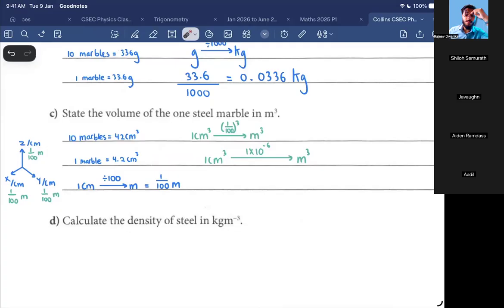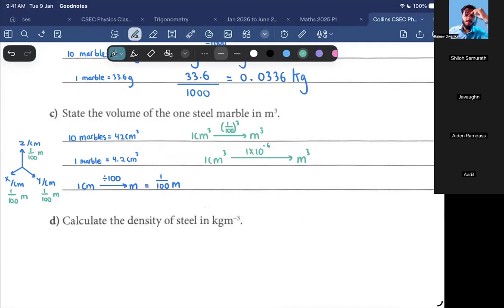So if one marble is 4.2 centimeter cube, I will multiply that by, tell me Javon, if one marble is 4.2 centimeters cube, what would that be in meters cube? So you multiply by 10 to the negative 6. Good, and what would that be? Well, I'll leave it like that.